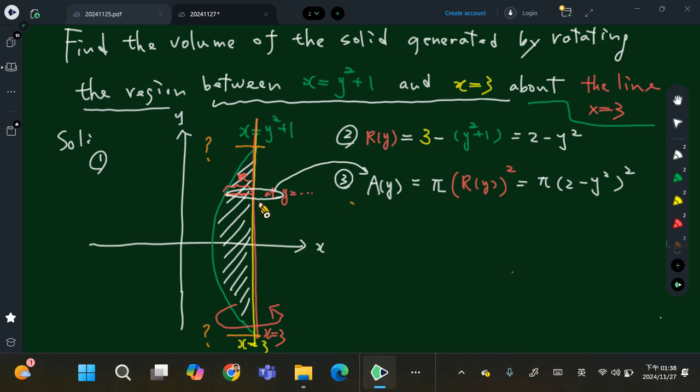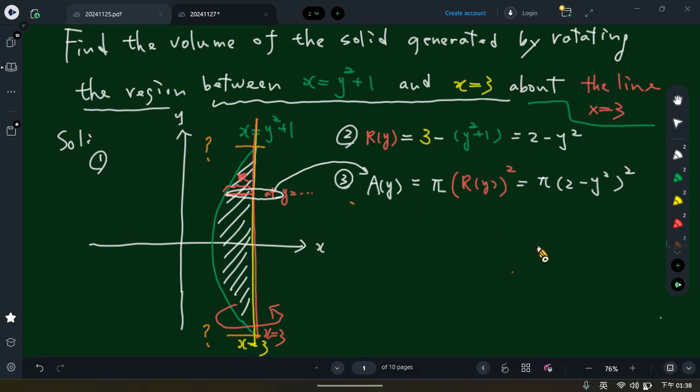How can we get these two points? These two points must simultaneously satisfy s equal to y squared plus 1 and also s equal to 3.